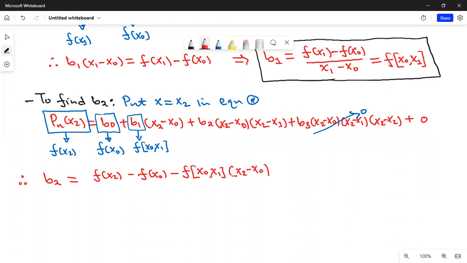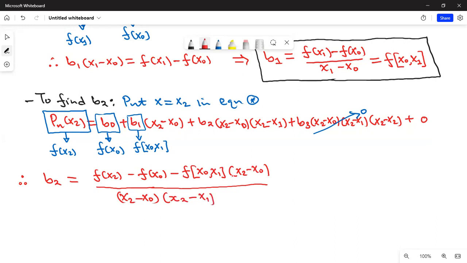We are dividing by the coefficient of b2, so everything here divided by (x2 minus x naught) times (x2 minus x1).